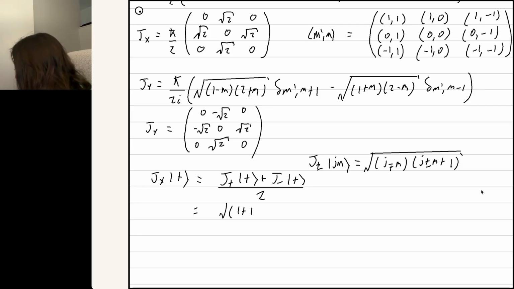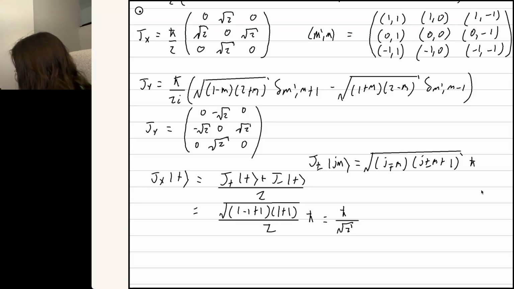So it's 1 minus 1 plus 1 times 1 plus 1. So it's root 2 over 2 times h bar. So it's h bar over root 2.